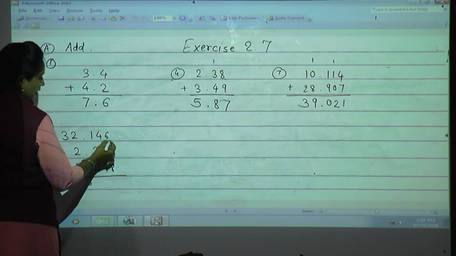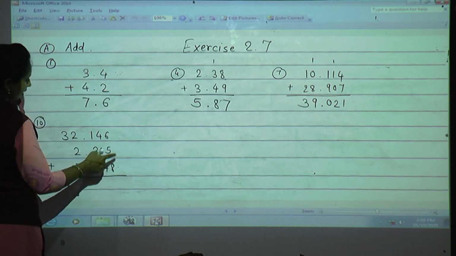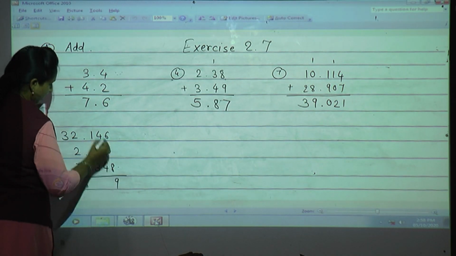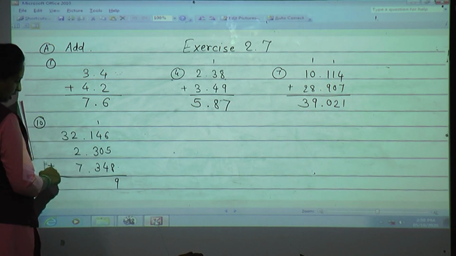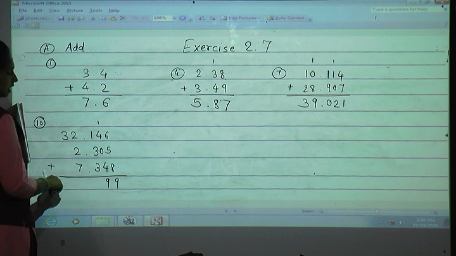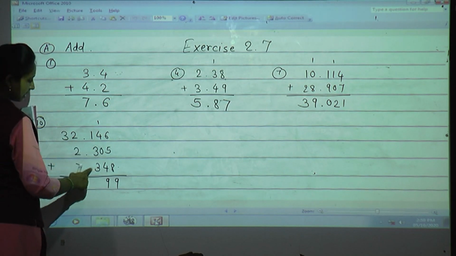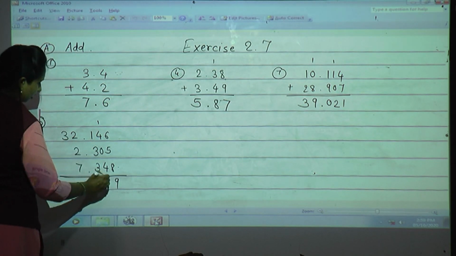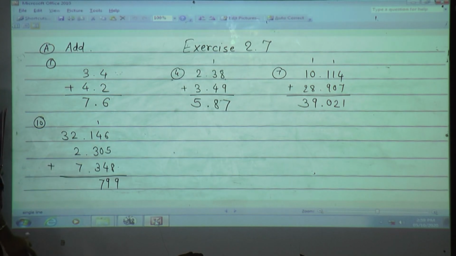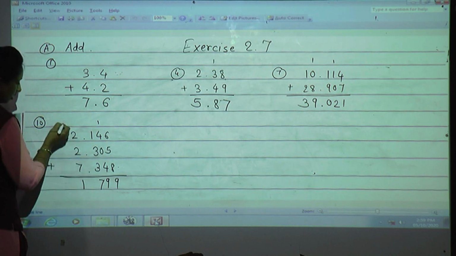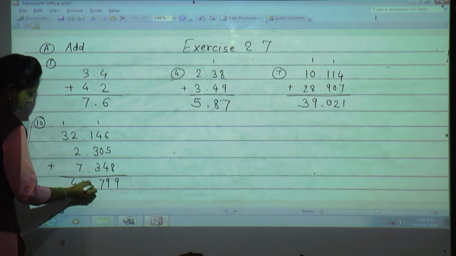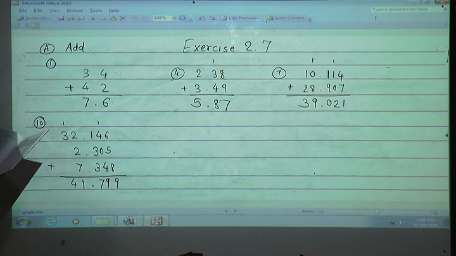See, 6 plus 5 is 11, 11 plus 8 is 19. So write 9 here, carry 1. 1 plus 4 is 5, 5 plus 4 is 9. Now 1 plus 3 is 4, 4 plus 3 is 7, 2 plus 2 is 4, 4 plus 7, yes, 11, 1 here, carry 1, 1 plus 3 is 4. So give the decimal point at the same place.